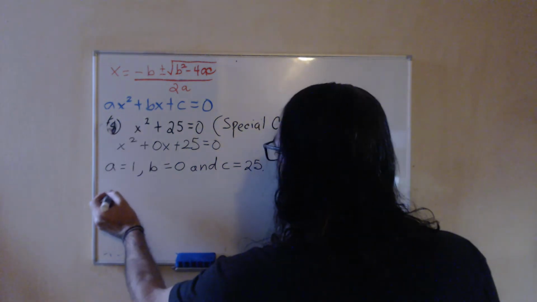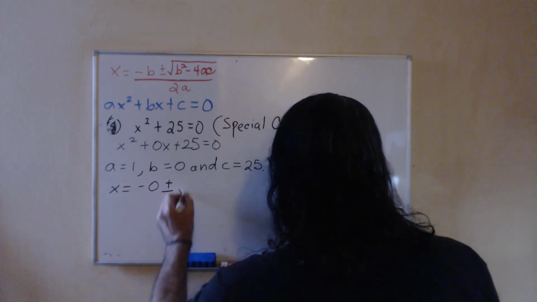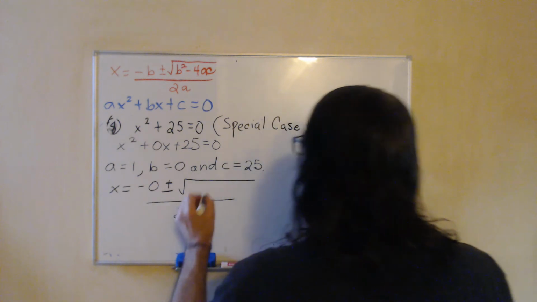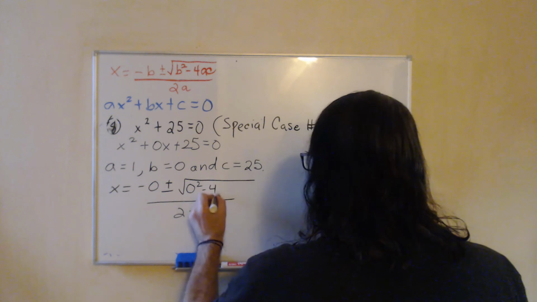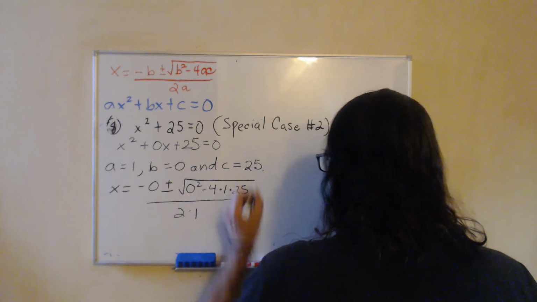So plugging that in, negative 0 is still 0. Let's see, 2 times a, 2 times 1, 0 squared minus 4 times 1 times 25.